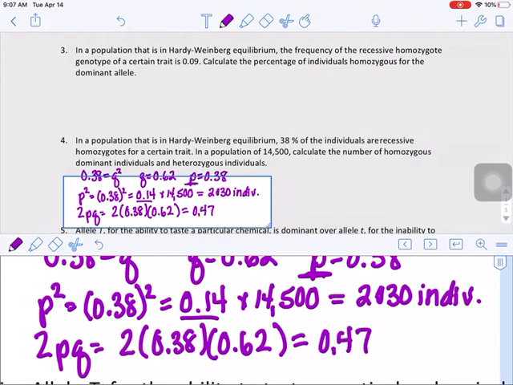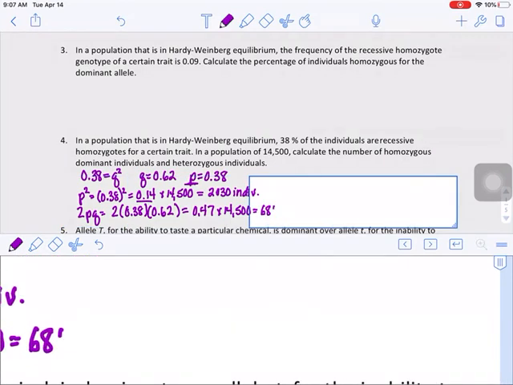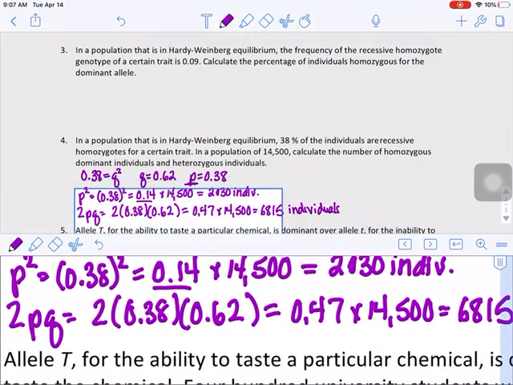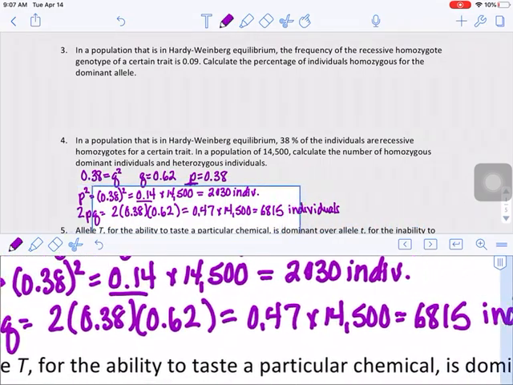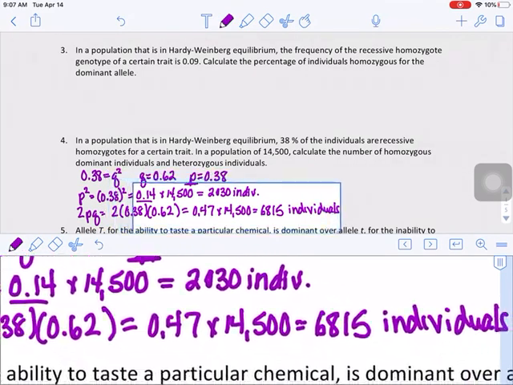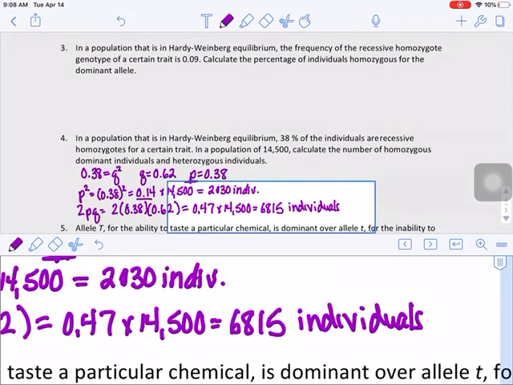To figure out the number of individuals, I would take that times 14,500 again, and that turns out to be 6,815 individuals that show the heterozygous trait. So that answers those two questions: 2,030 individuals show the homozygous dominant trait, and 6,815 show the heterozygous trait.